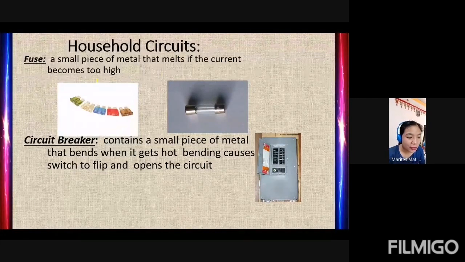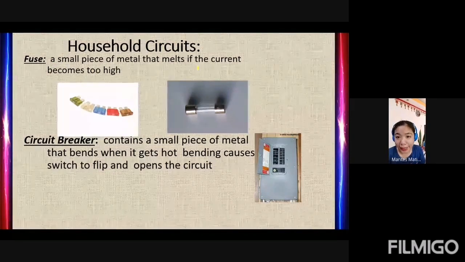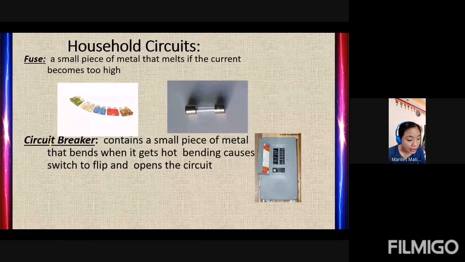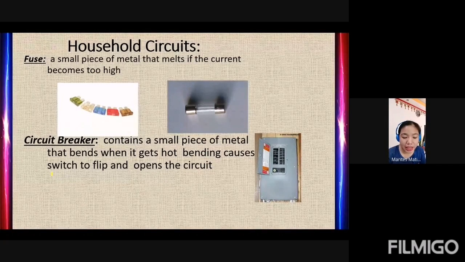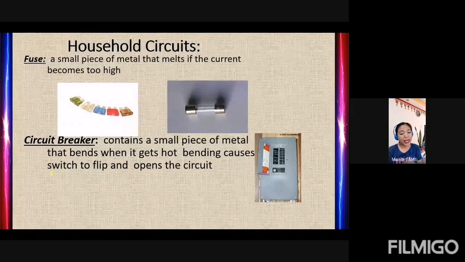Okay? So, when we say fuse, that's a small piece of metal that melts if the current becomes too high. Then, circuit breaker, it contains a small piece of metal that bends when it gets hot. Bending causes switch to flip and opens the circuit.